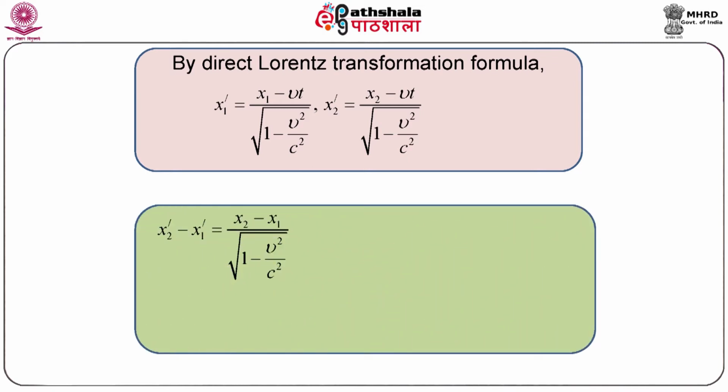If we subtract, then we get x2 dash minus x1 dash is equal to x2 minus x1 divided by square root of 1 minus v square divided by c square. Please note that the term v into t cancels as we are subtracting.